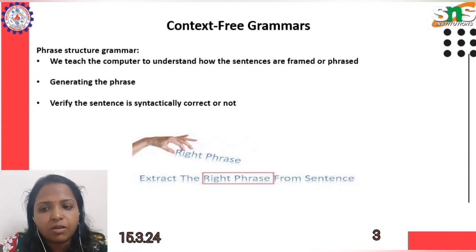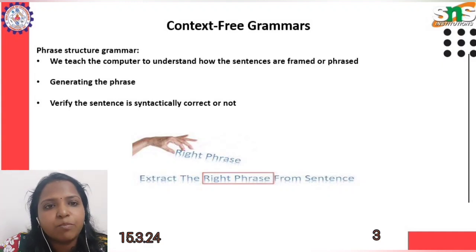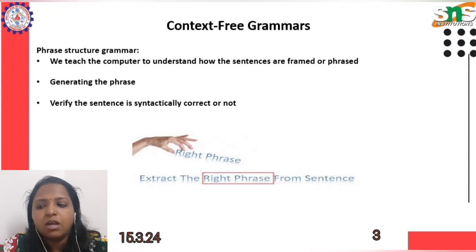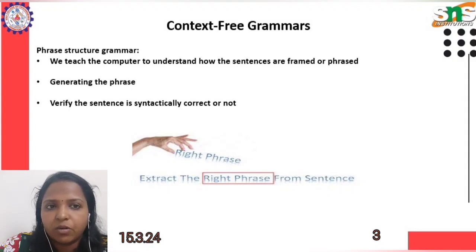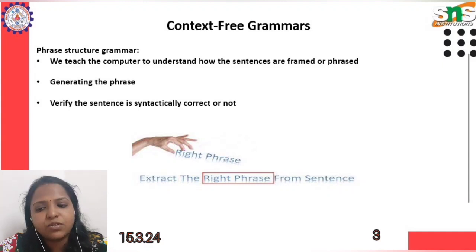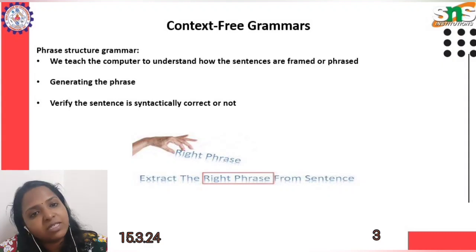When you want to teach a computer to understand a sentence, you need two things. You need to give some rules and regulations, and these rules will help us form a meaningful sentence.